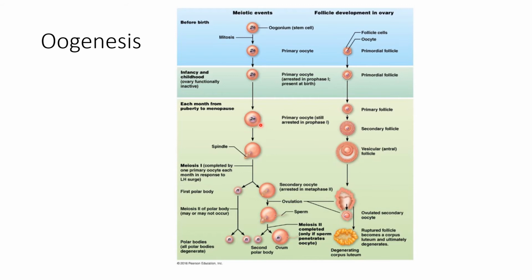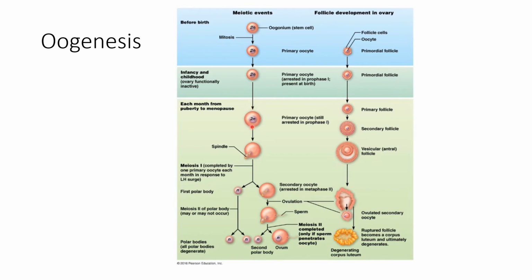And when it finishes off meiosis 1, it's actually going to produce 2 haploid cells. This one right here is that smaller one. It's called the first polar body. And then this one is now going to be called the secondary oocyte.